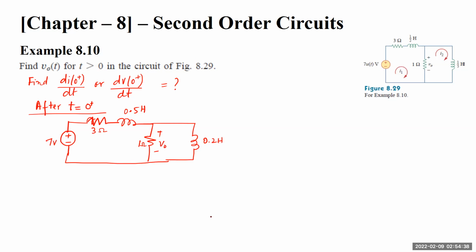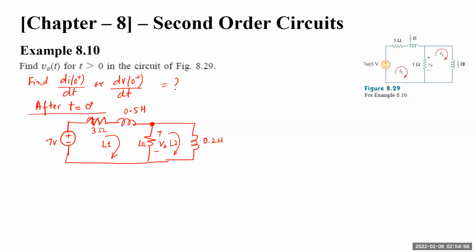This is 7 volts. We have to find the initial condition here, so let's divide this into two loops. This is loop 1, and this is my loop 2.